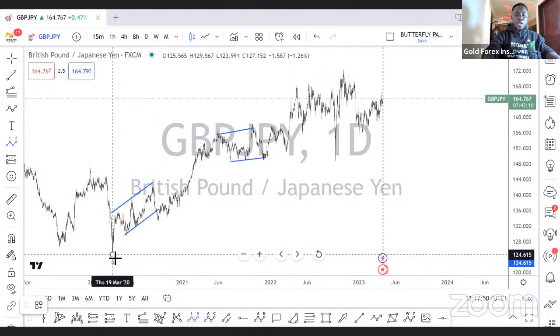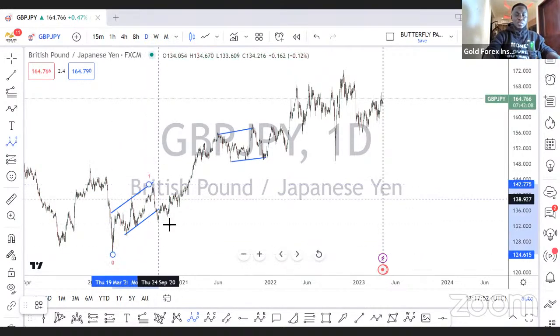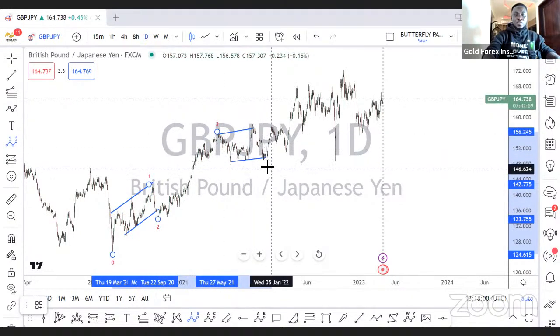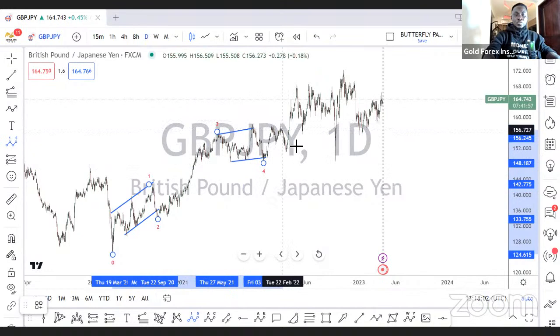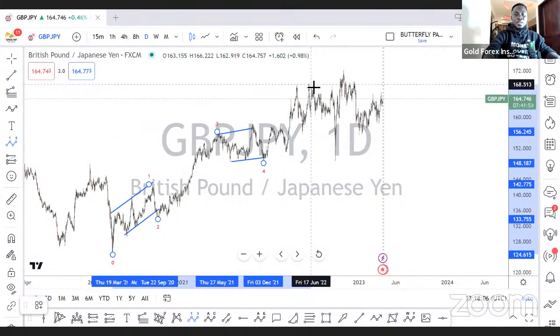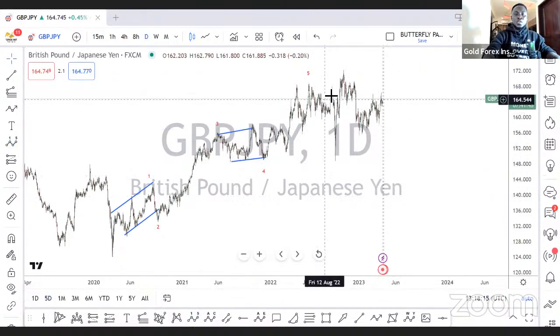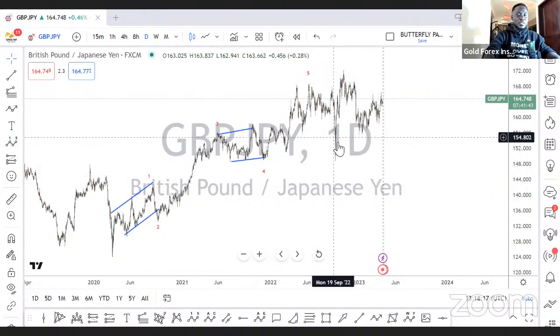So we have here as wave 1, wave 2, 1, 2, 3, 4, 5, wave 3, ABC flat correction wave 4, 1, 2, 3, 4. Then this one is a truncation. So we have wave 5 here. Now, this one is giving us a correction.